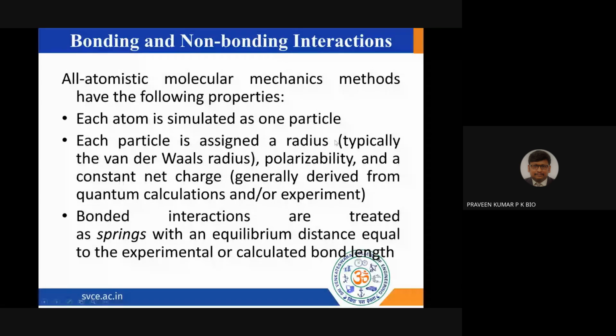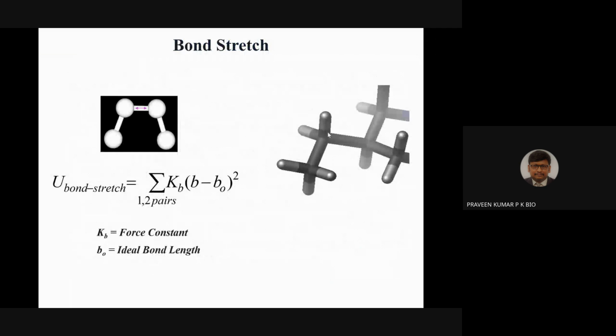So we are actually using biophysics for understanding bioinformatics. If you see the bond stretch, how a bond can be stretched, based on the bond stretch one can calculate the potential energy of a bond stretch like this. This is the formula. B is the maximum length extended, and B naught is the initial length.